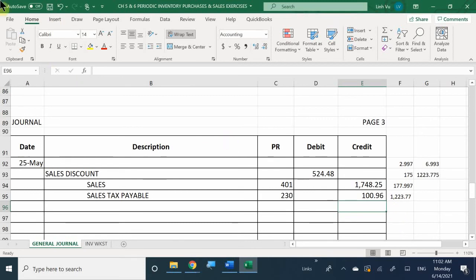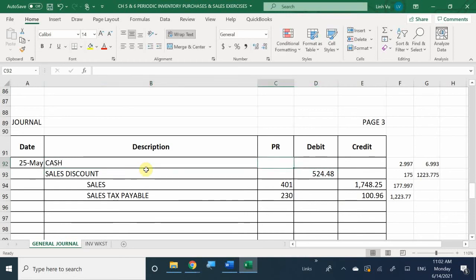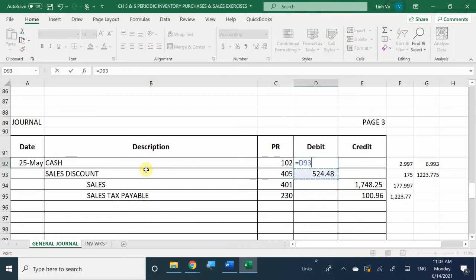$196, excuse me. So in this case, how much cash should I actually be receiving in grand total? $1,324.73.